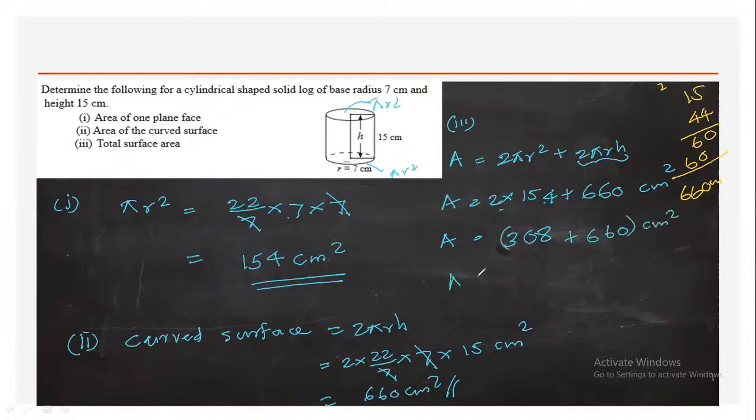So add this all, area equals 308 plus 660. 308, 660. 8, 6, 9. 968 square centimeter. This is the total surface area of this solid cylindrical shape.